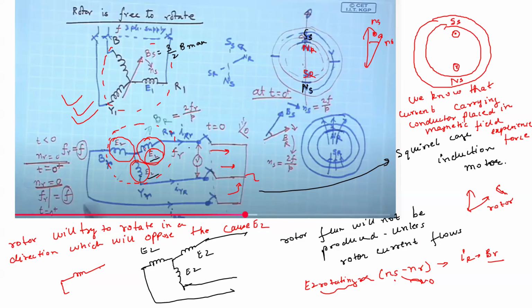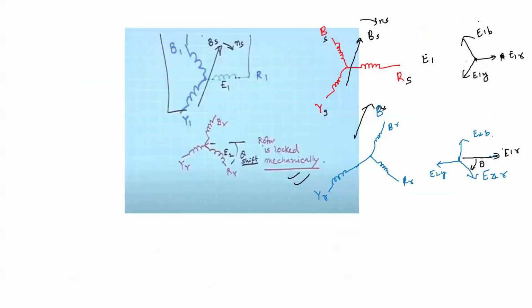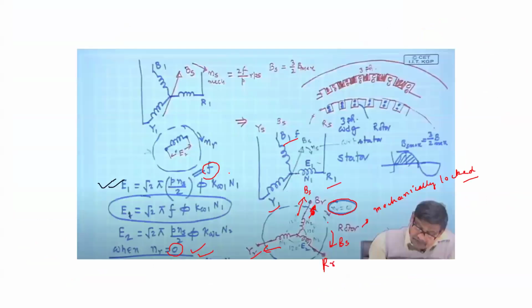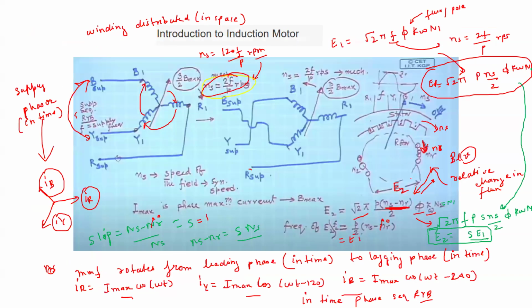So here if you see, I tried to draw this, right? Because of this MMF, this E2 phase is coming like this, right? Suppose you have open circuited rotor windings, then what will happen? This E2 will get induced depending on where its position is.